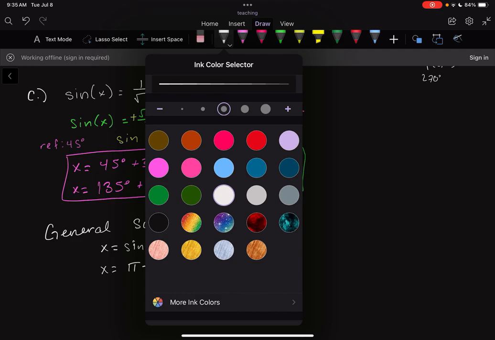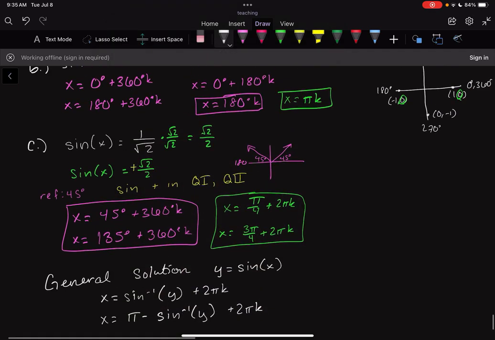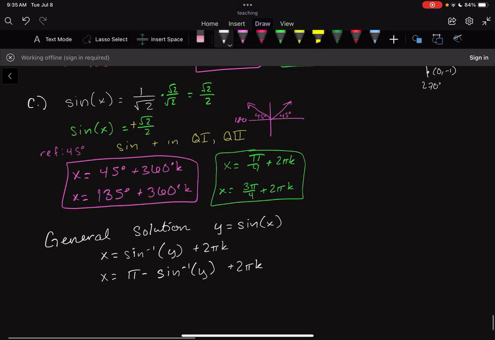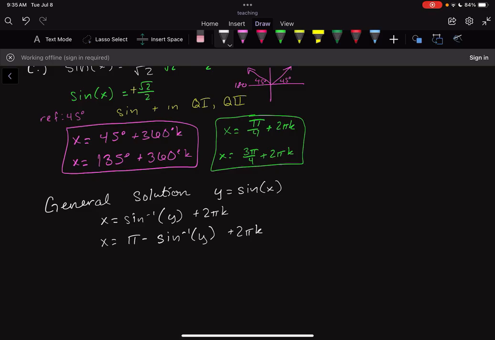Okay. So we will probably do some more sine ones, but I'm going to go ahead and jump to some tangent ones. So example 3, we'll do some tangent. I'll just say solve for all values of x.